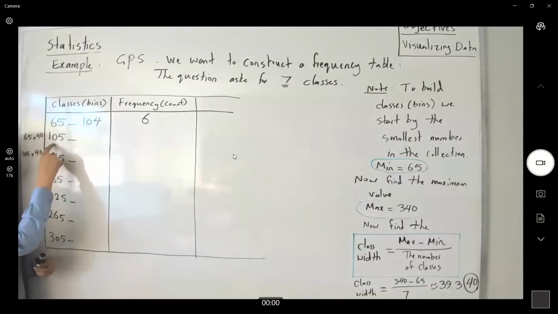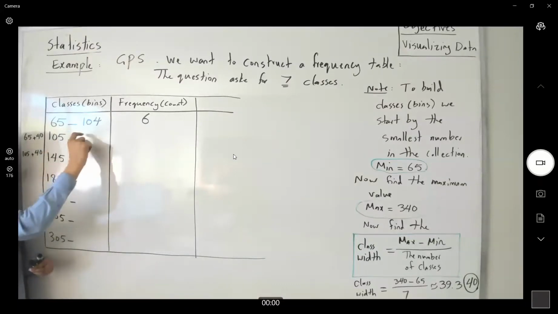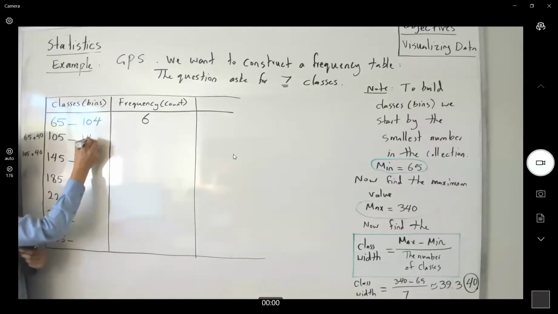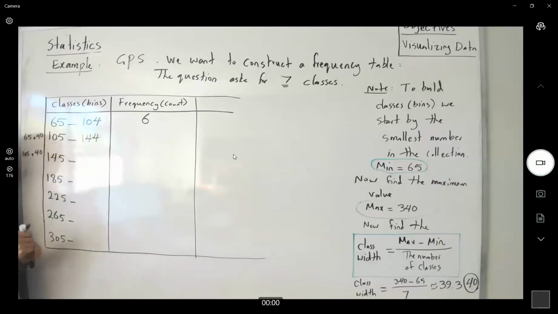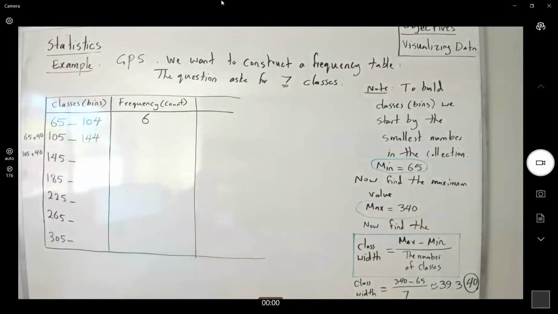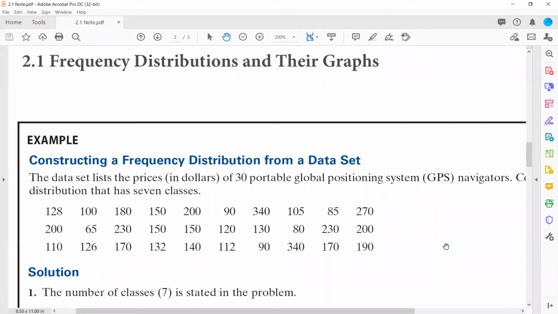Next class, it starts at 105 and it stops at 1 unit before 145, which is 144. What is the frequency? Let us take a look at our data. We're counting all of numbers between 105 and 144. Okay, 128. And then we have, let me see, 105.